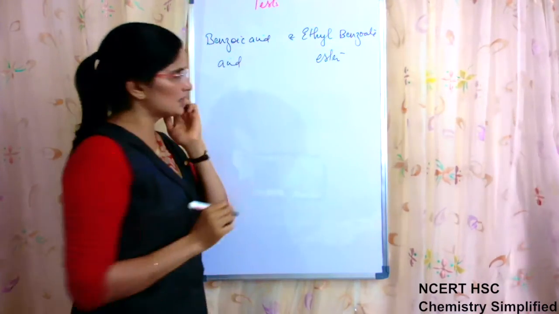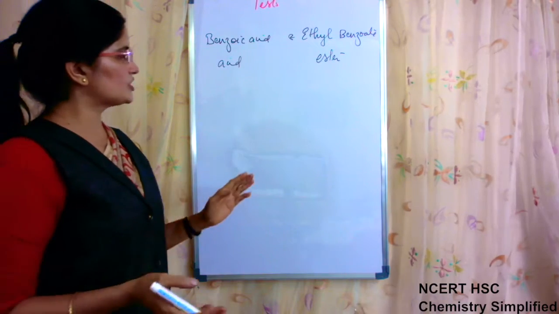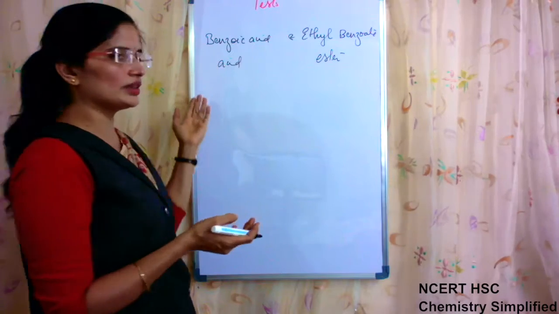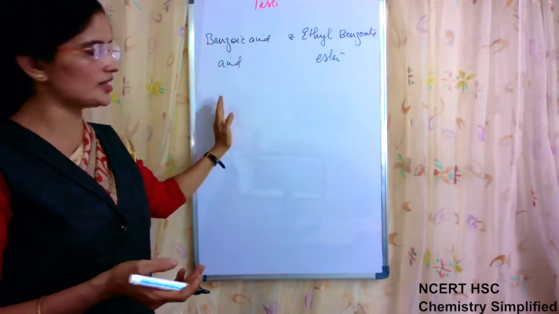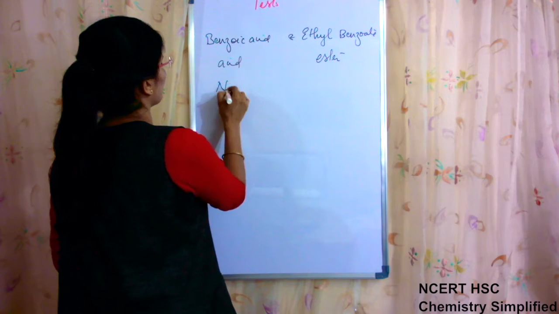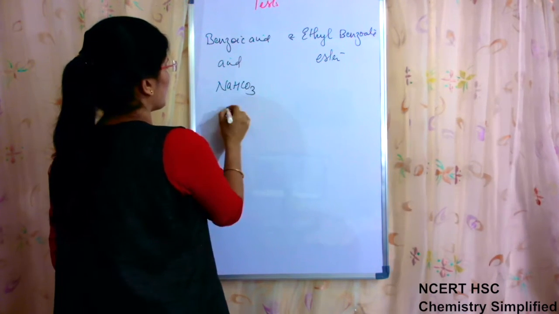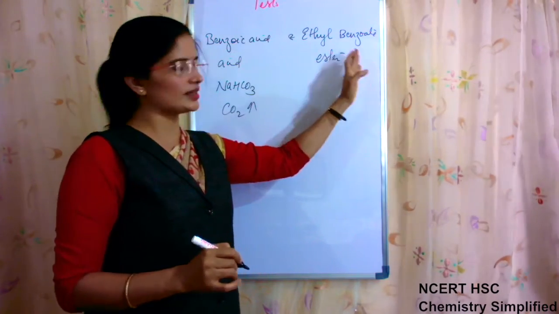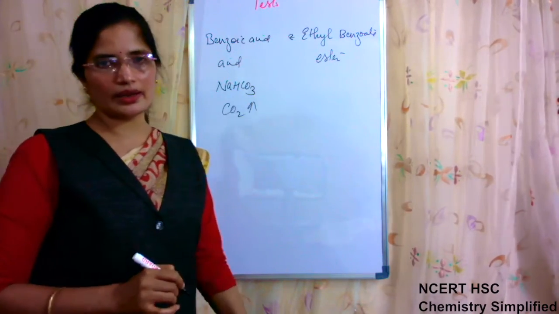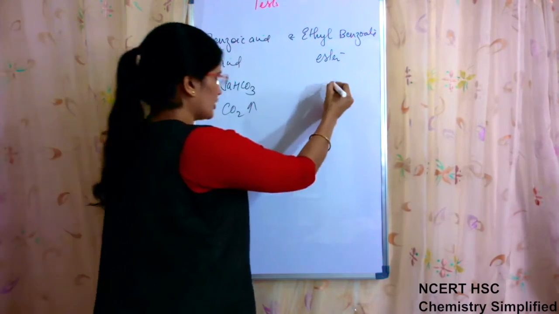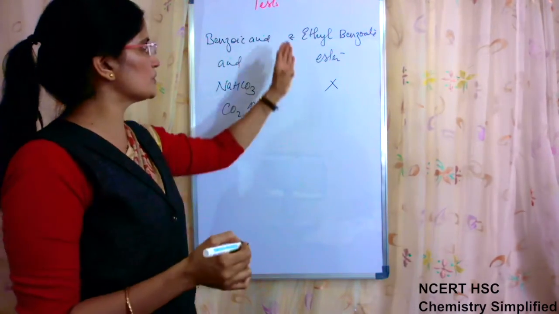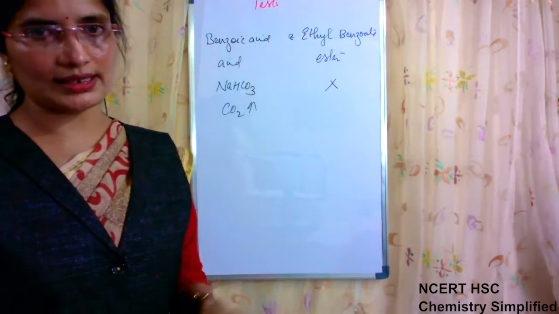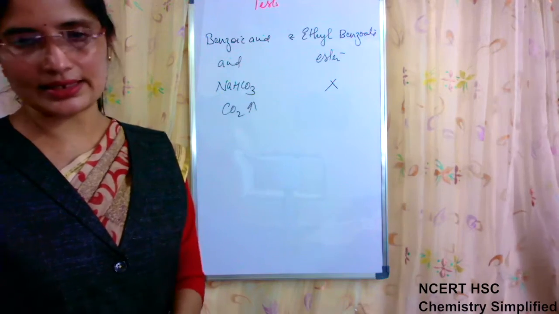Not going into details, we have no other test which can distinguish between an acid and an ester. So we will prefer that test which we have just written. Benzoic acid will give the sodium bicarbonate test by producing CO2 with brisk effervescence, but because it is an ester, it will not give this test. So we can use that test also for distinguishing an ester from an acid, not only an alcohol from an acid, but also esters from acids.